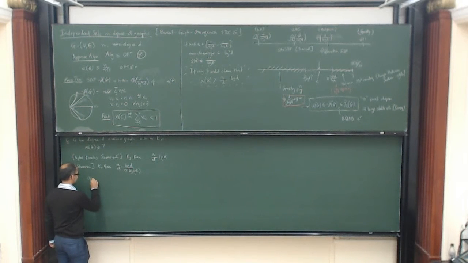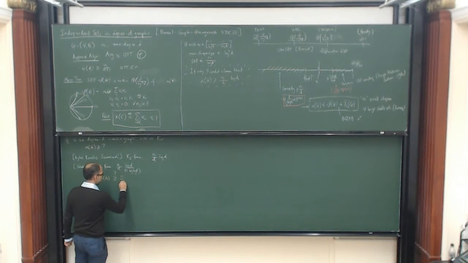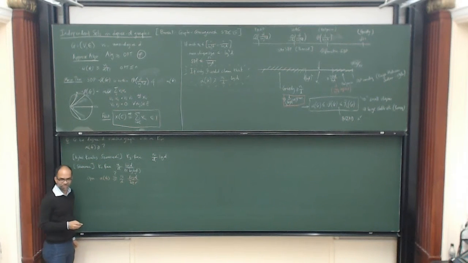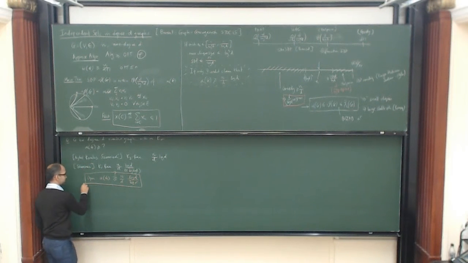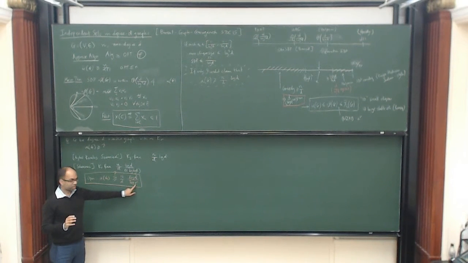Open question: show that alpha of G is at least n over D log D over log R. So I want the dependence on R not to be linear but to be logarithmic. And this log term should really go away.